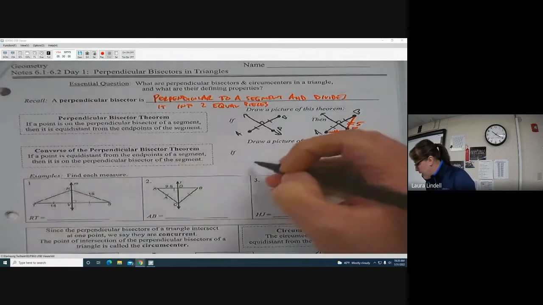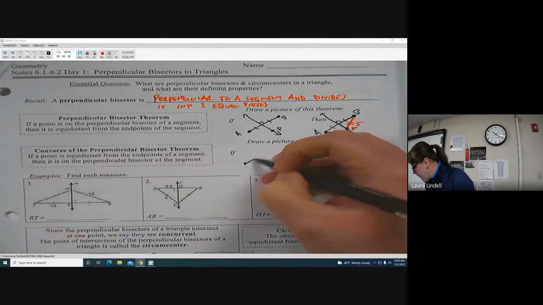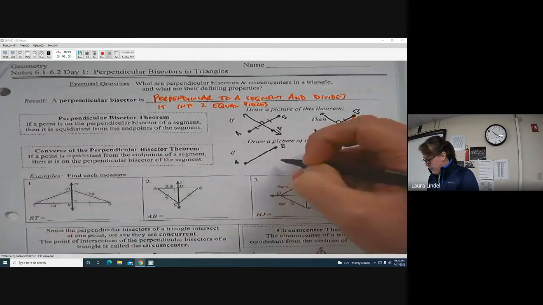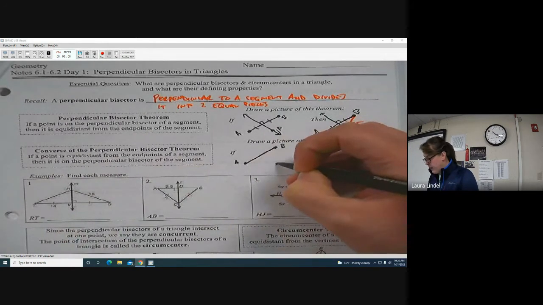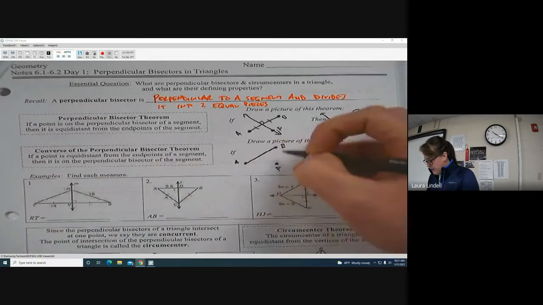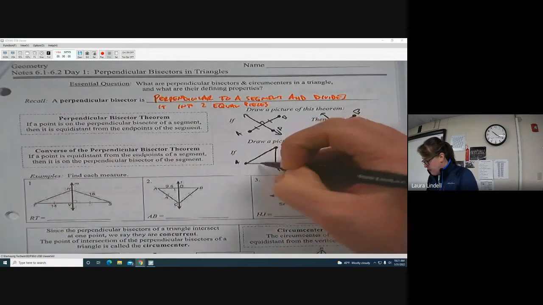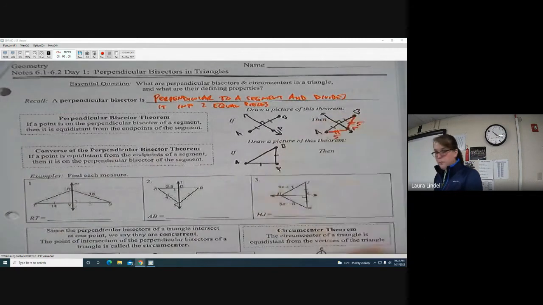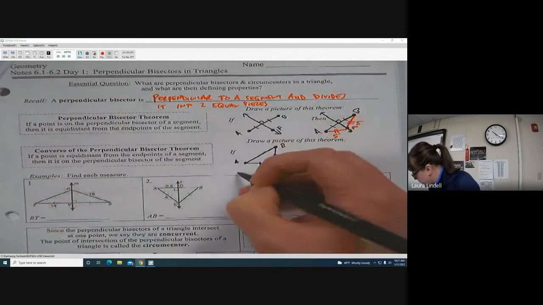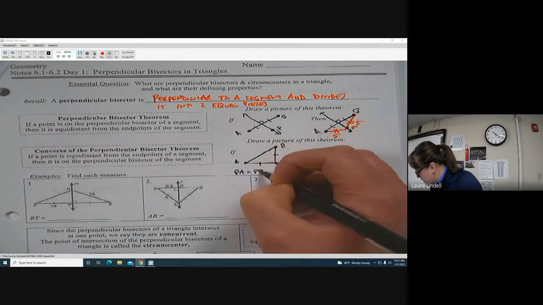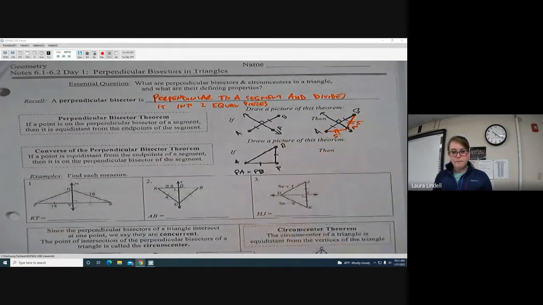So it's saying that if we've got a segment and then some point out here that is the same distance from A as it is from B, another way to say that would be that PA is equal to PB. Those distances are the same.